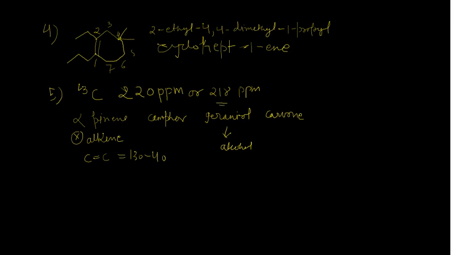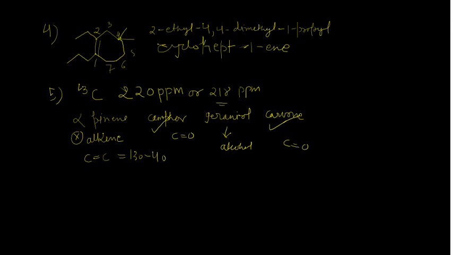Now camphor has a carbonyl group, and carvone also has a carbonyl group. So your option is either camphor or carvone. Out of these two, one could be your answer.